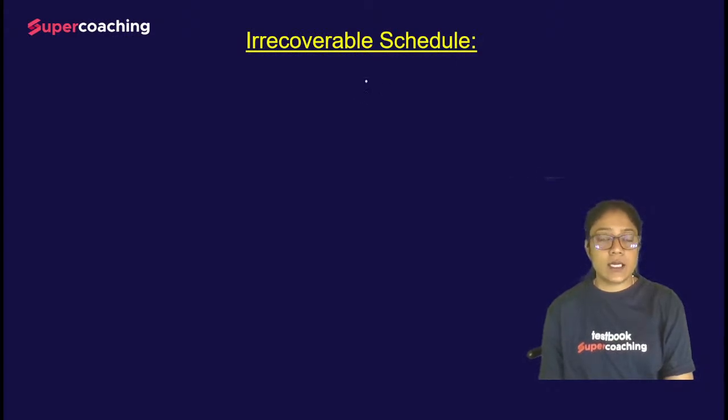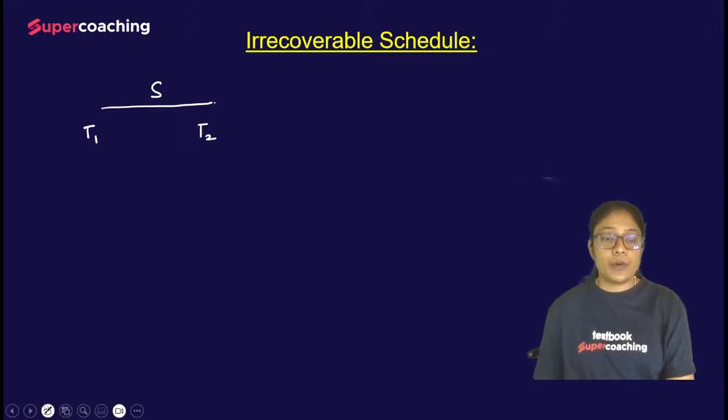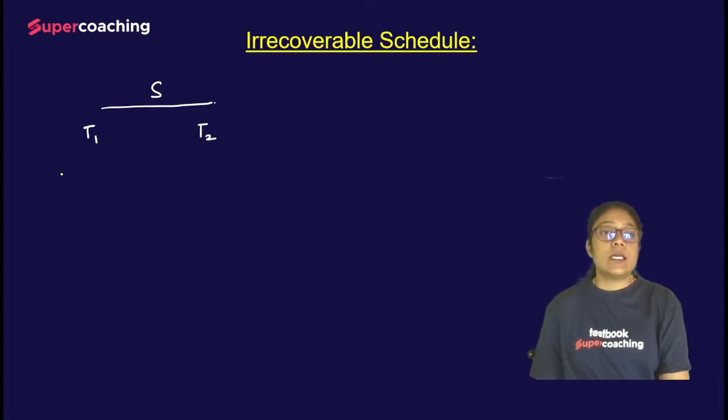Basically, let's consider a schedule S with two transactions T1 and T2, performing operations on the data item A. Let us assume that we have only data item A. T1 is performing the read operation on data item A. Let us assume that the value of A is 1000 in the database.